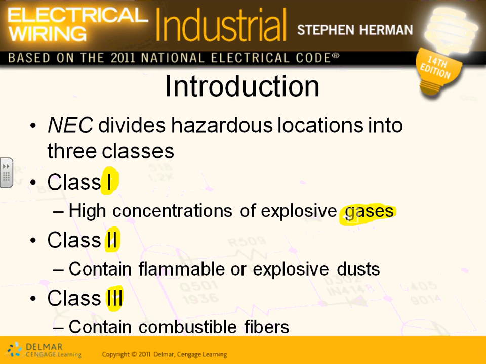Any location that has a flammable gas or explosive gas will qualify as a Class 1 location. That's it. Gas or vapor-produced: the vapor that is produced out of a flammable liquid is also classified. It's also gas, basically. Flammable gas, explosive and flammable gas.